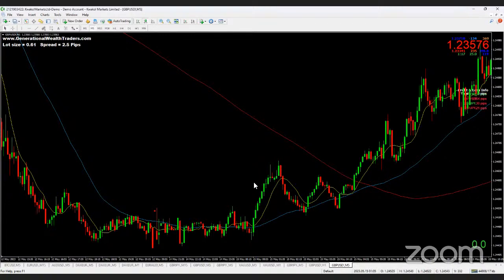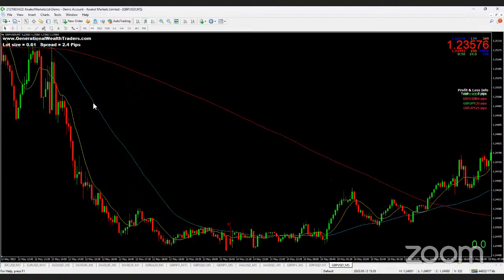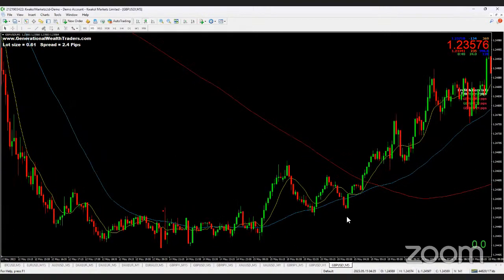And besides, you guys are seeing something else, I'm sure. The yellow is on top of the blue. That's the 10 is on top of the 50. You know not to be selling. You know not to be selling when it's like this. You only sell when you have the blue on top. If the blue is below, you don't want to be selling.